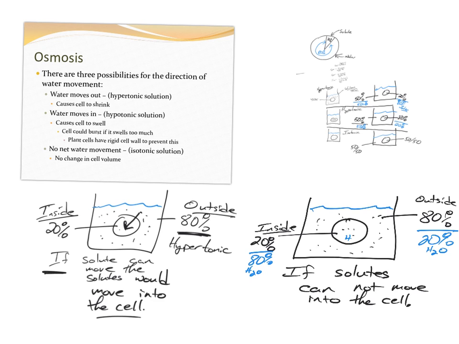Yes, it's low solute. So first we were talking about the solute concentration, now we're talking about the what? The solvent concentration, right? The concentration of solvent is 20% outside. The concentration of solvent is 80% inside.